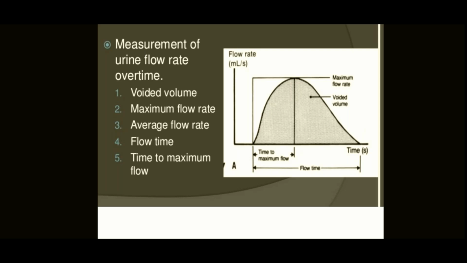Now this is what we generally see. This is the graph of the uroflowmetry. Remember, it's a bell-shaped curve. We see the voided volume, the maximum flow rate, the average flow rate, the flow time. Flow time is generally 15 to 30 seconds, and the time to maximum flow.